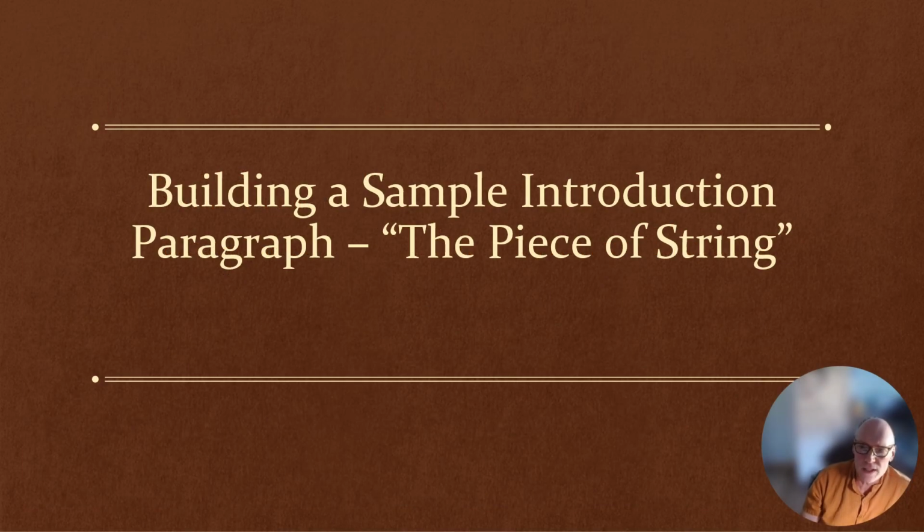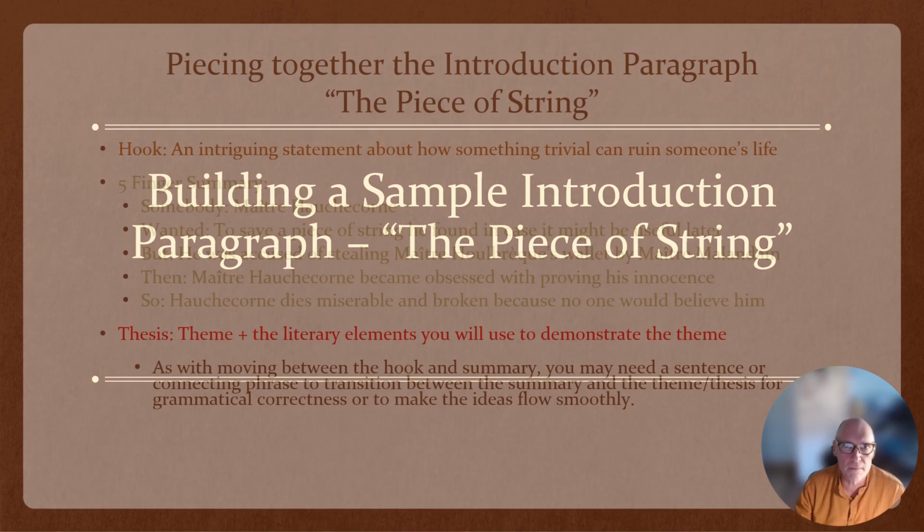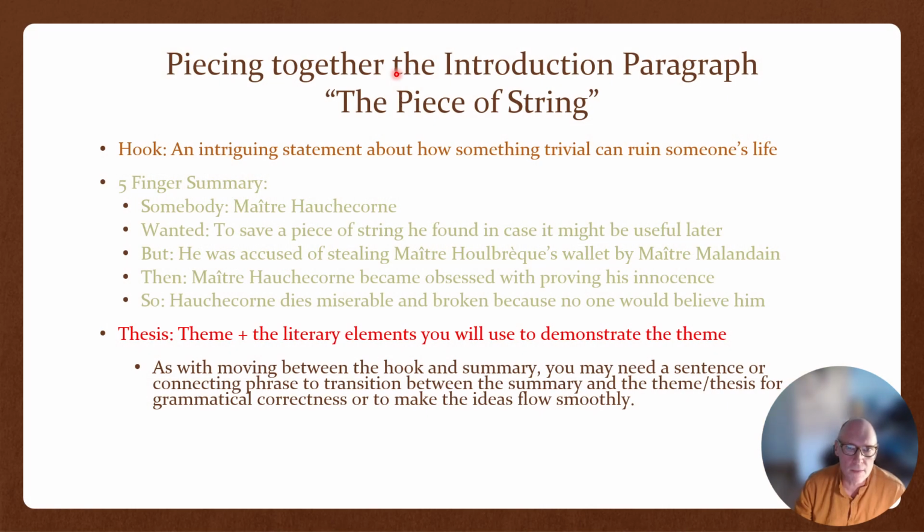Okay, so let's pretend we're writing an essay on The Piece of String and apply the concepts from the past few slides. So I filled in each of the elements, starting with the hook. The hook would be an intriguing statement about how something trivial can ruin someone's life.